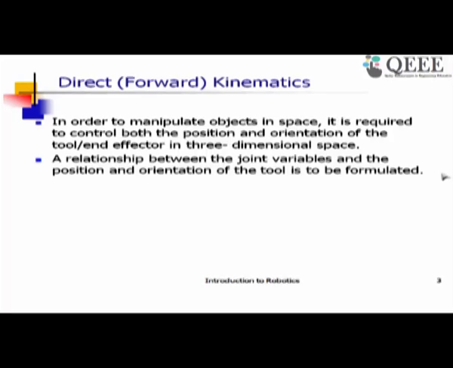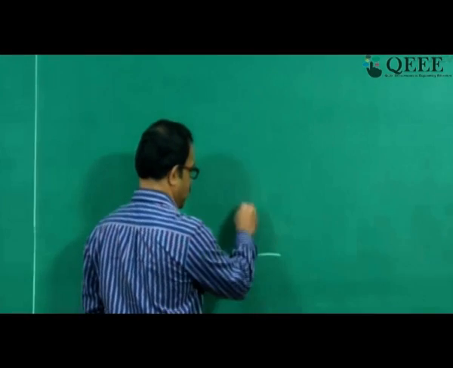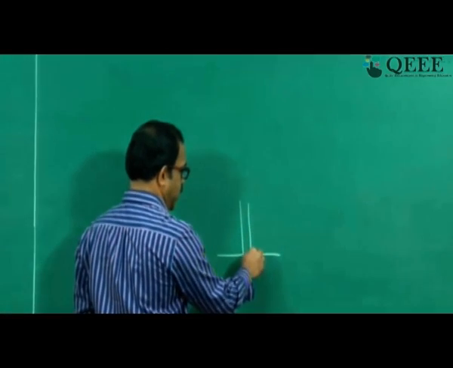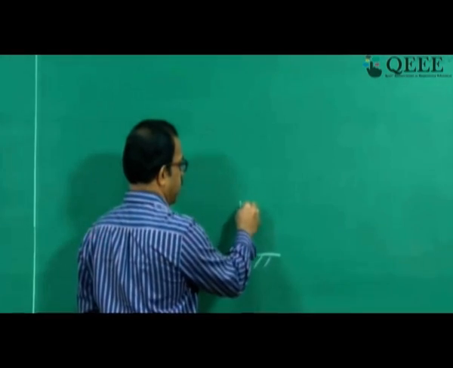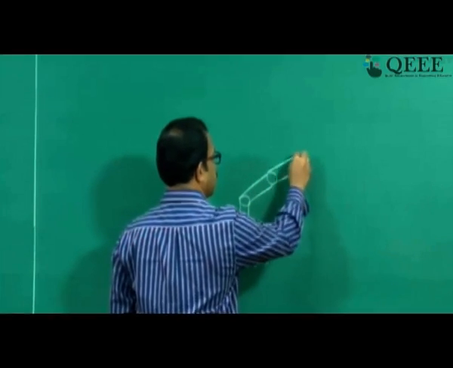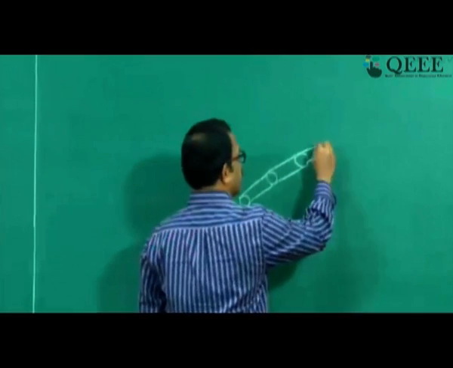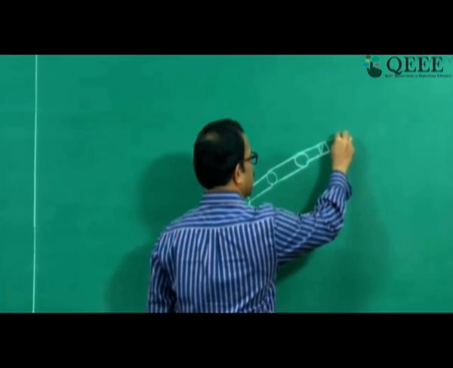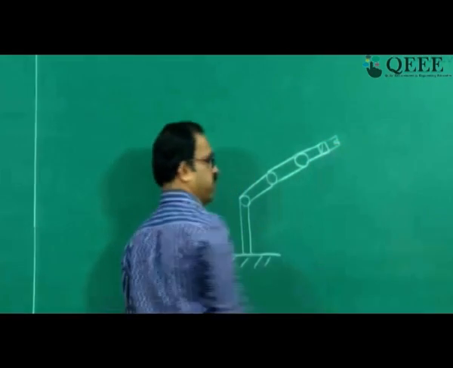As you know, we need to manipulate objects in space, and in order to do so, we need to look at the position and orientation of the robot, which is to be specified in three-dimensional space. Suppose you have a manipulator given like this with a base, and you have the joints and the links. You can have different kinds of joints and an end effector.